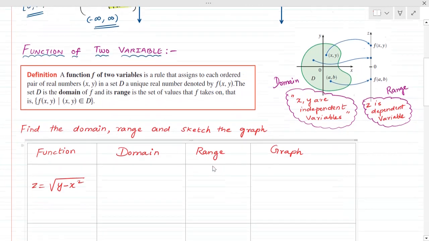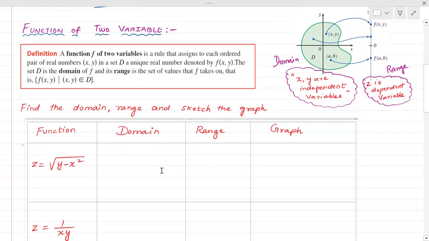We will take the first one. What is the domain of this function? Here the value under the root must be non-negative, so it must be more than or equal to 0. So y minus x squared is more than or equal to 0, that is, y is more than or equal to x squared.